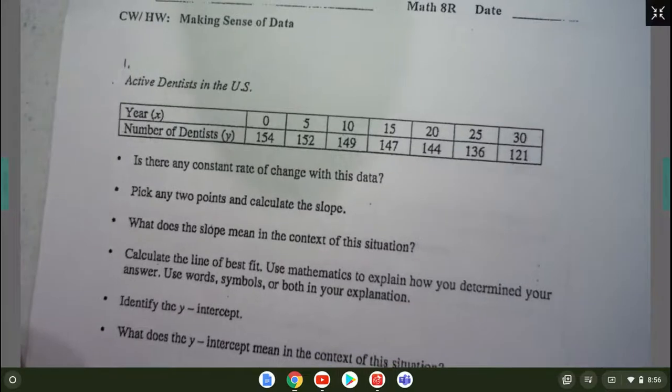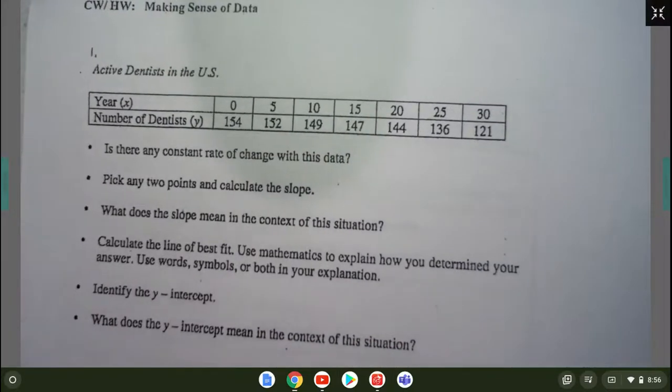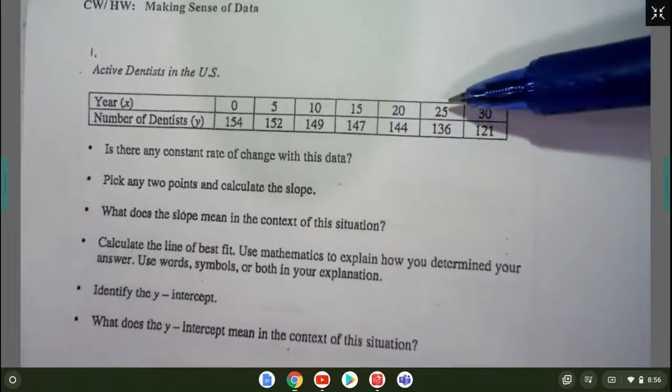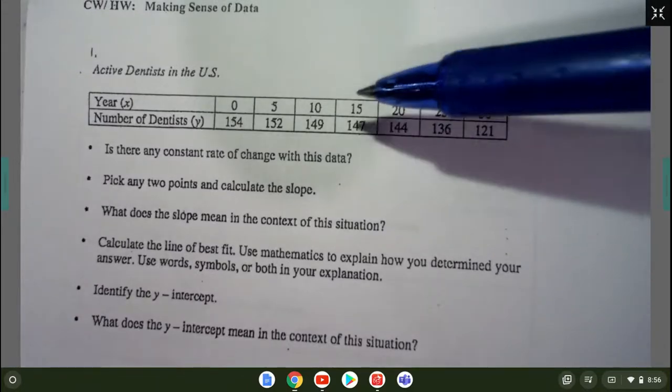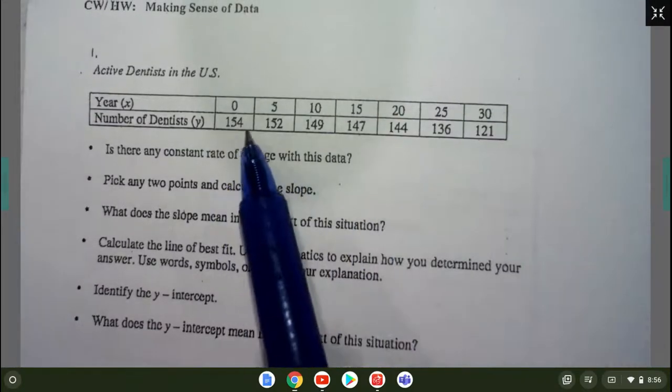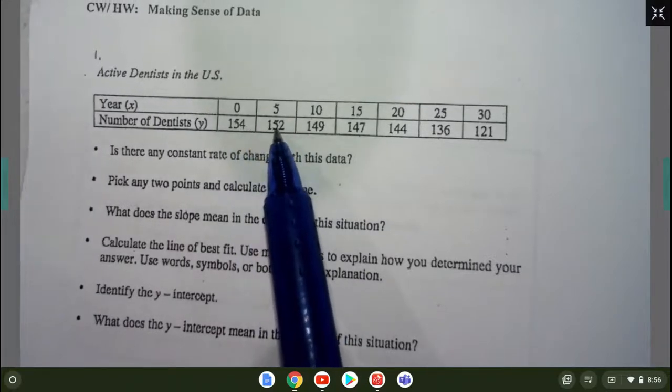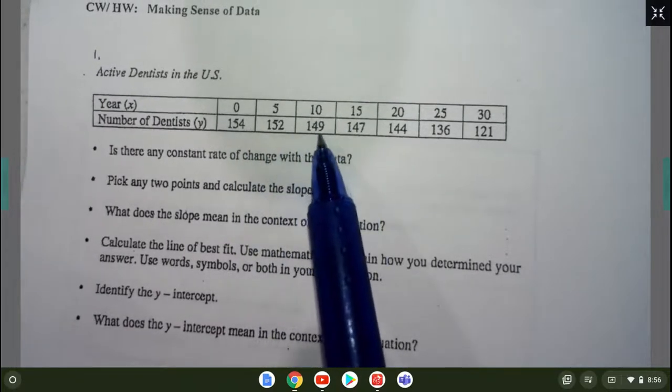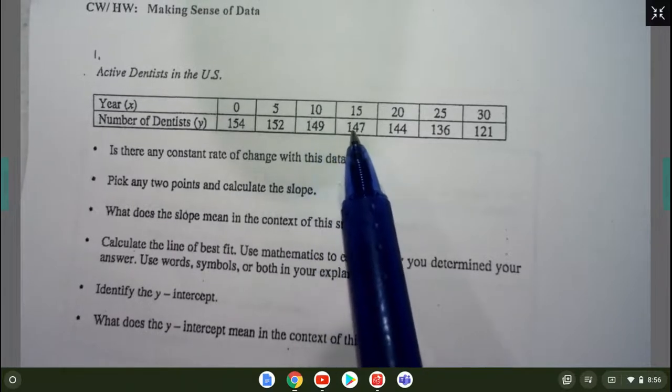All right. Active dentists in the U.S., making sense of data. So year 0, 5, 10, 15, 20, 25, 30, and the number of dentists. We see the number of dentists are decreasing. First 5 years goes down by 2. The next 5 years goes down by 3. The next 5 years goes down by 2.